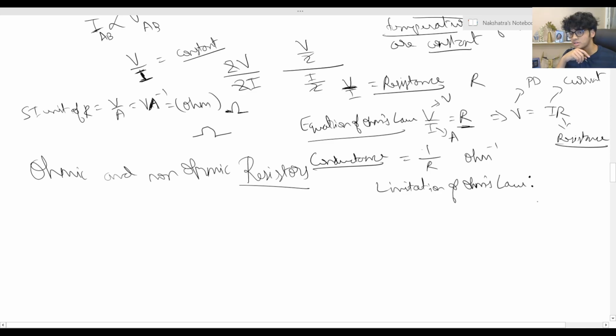What is one condition of Ohm's law that stops it from being universal? Okay, if I just make a statement and I say Ohm's law is not universal, it cannot apply in every case, every scenario, okay, then what could be the limitation?